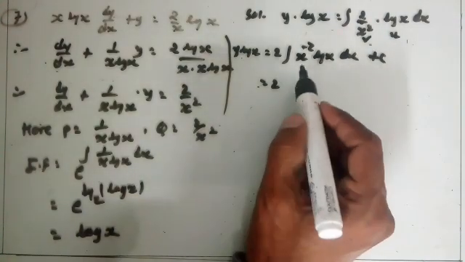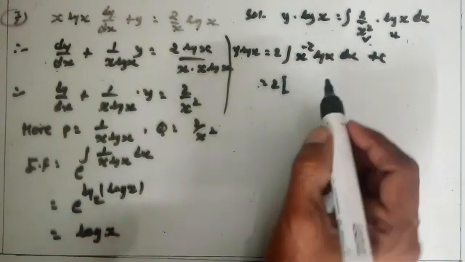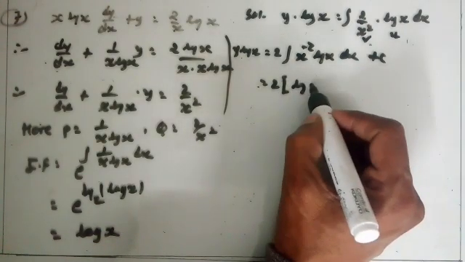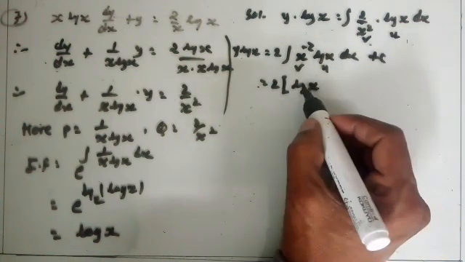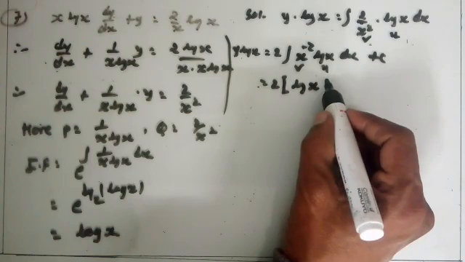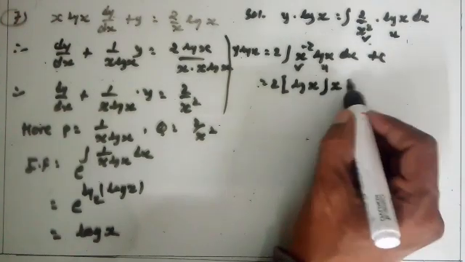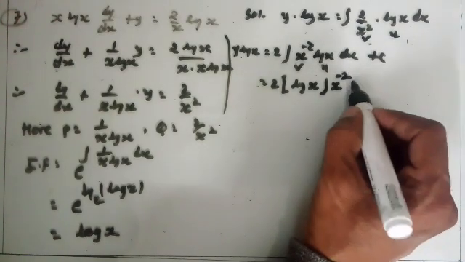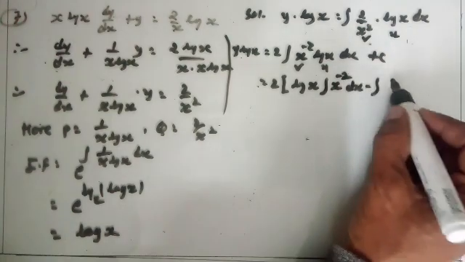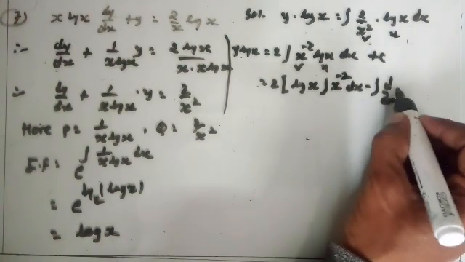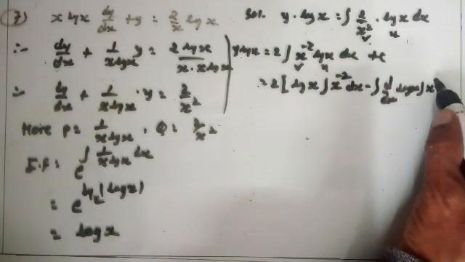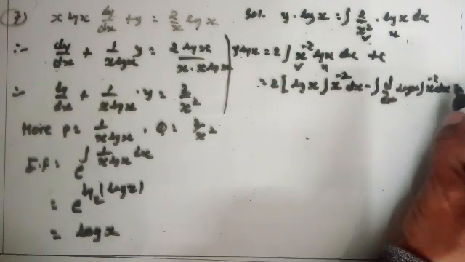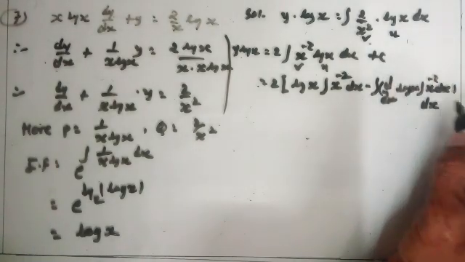Here, integrating this by parts, take the log function for u and the other function for v. So log x, u, into integration v dx, that is integration x raised to minus 2 dx, minus integration of derivative of log x into integration v dx, that is x raised to minus 2 dx, whole dx. Clear? Plus c.